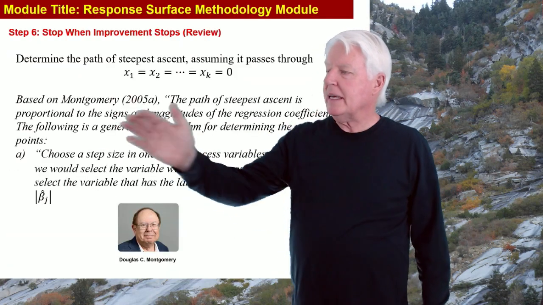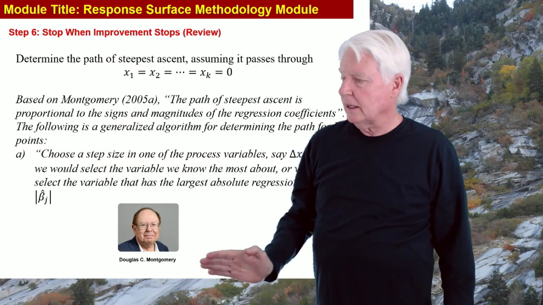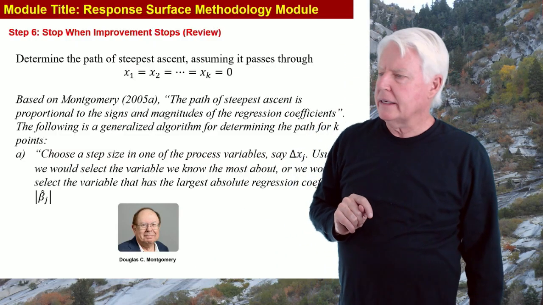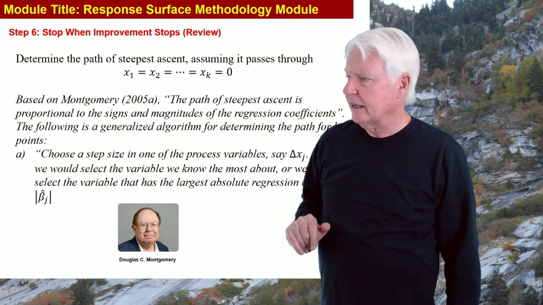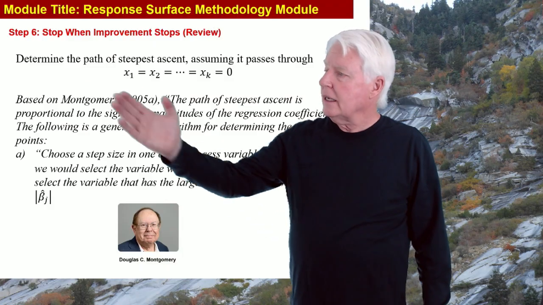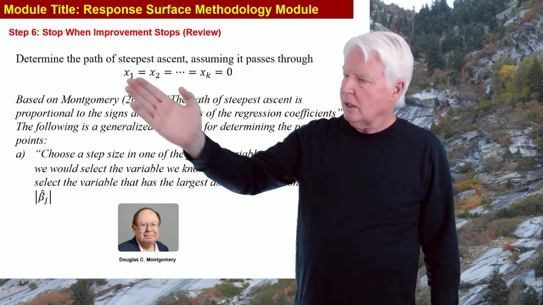And I'm going to be using this book from Montgomery. This is Douglas C. Montgomery, and he's a real brainchild at DOE. So we're going to use him in our journey here and some of the things he says in his DOE book. Determine the step of ascent, assuming it passes through, and so on.